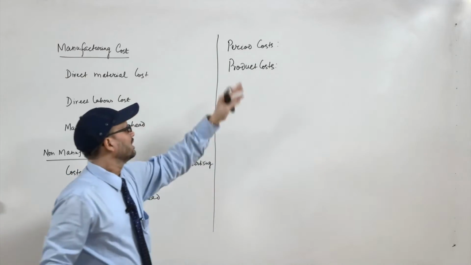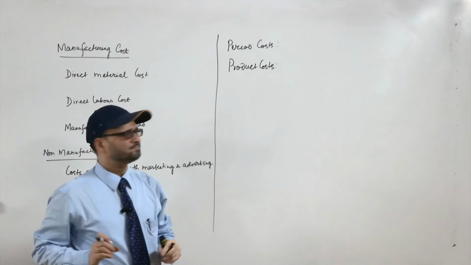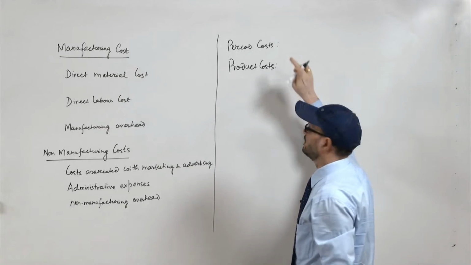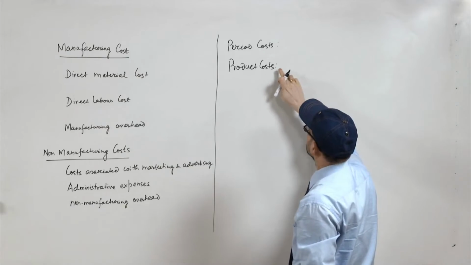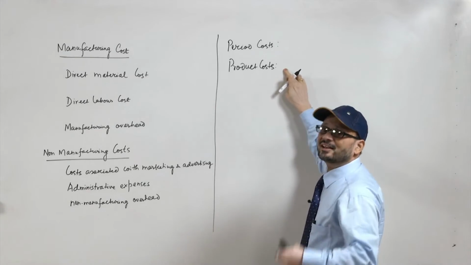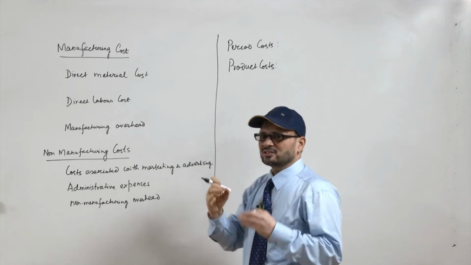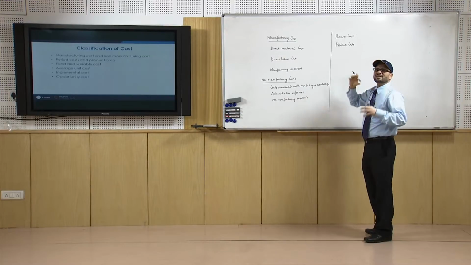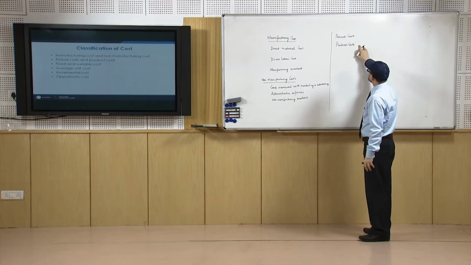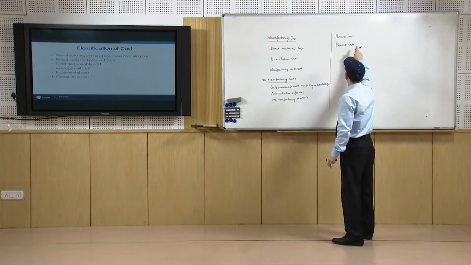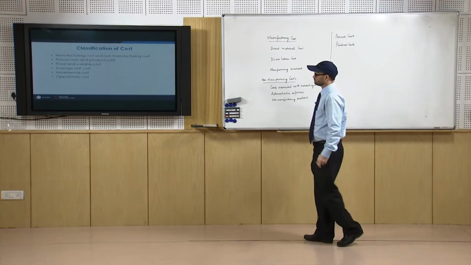The difference between period cost and product cost is that while period cost is treated as an expense incurred, product cost is treated as an asset so long as the product is not sold. Even if the product is made and the cost has been incurred on making it, this cost is just like an asset till the product goes into the market and is sold. So, this is the difference between period cost and product cost.